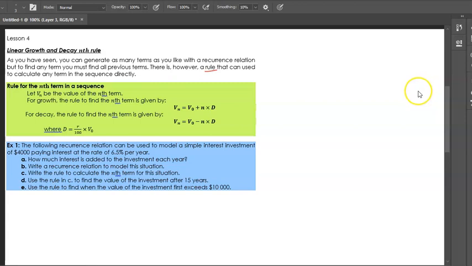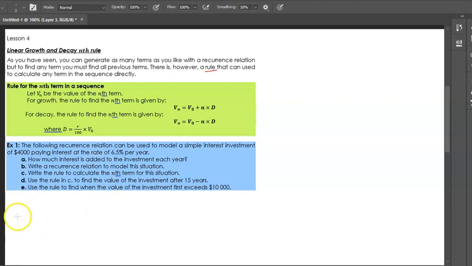We need to find the following: how much interest is added to the investment each year, write the recurrence relation to model the situation, write the rule to calculate the nth term, use this rule to find the value of the investment after 15 years, and find when the investment first exceeds $10,000. Okay, let's have a look here.